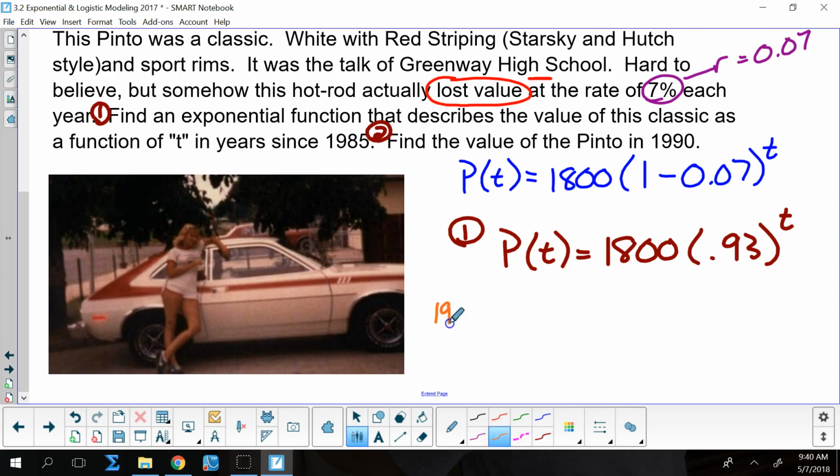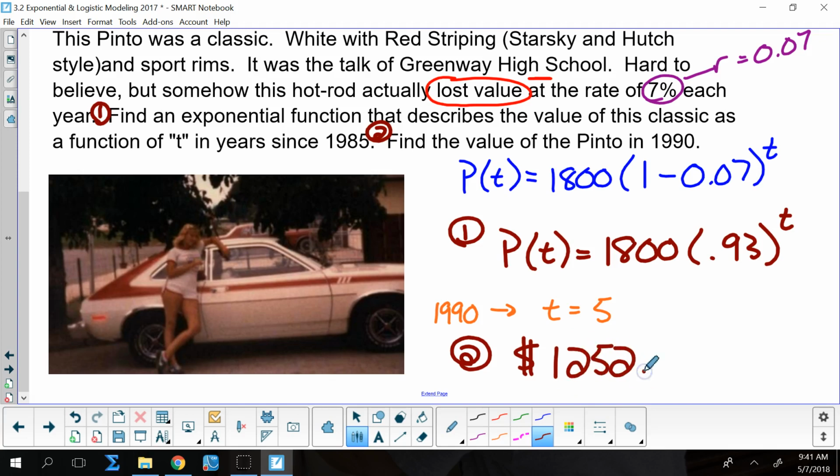So 1990 is how many years after 1985? 5 years. So my T value here is 5. So 1800 times 0.93 raised to the 5th power gets me $1,252.24.